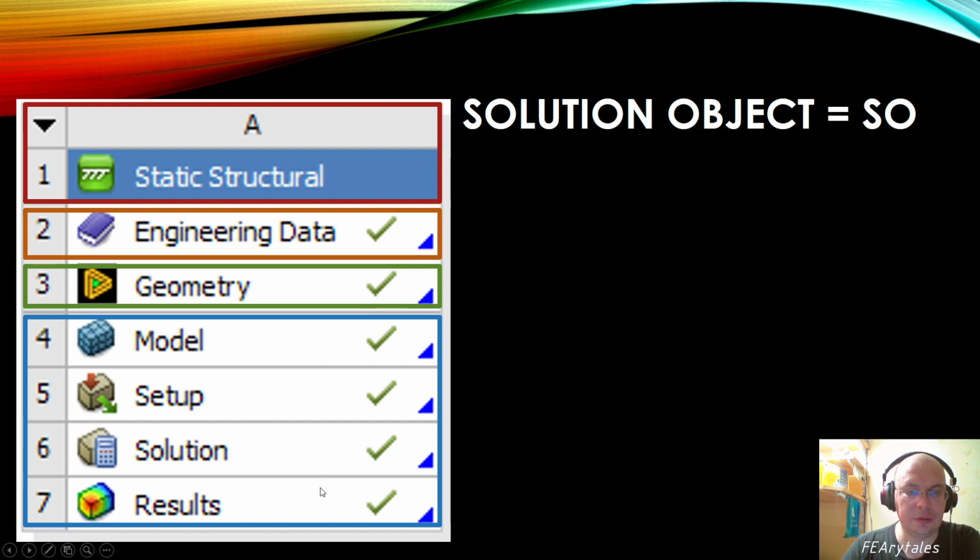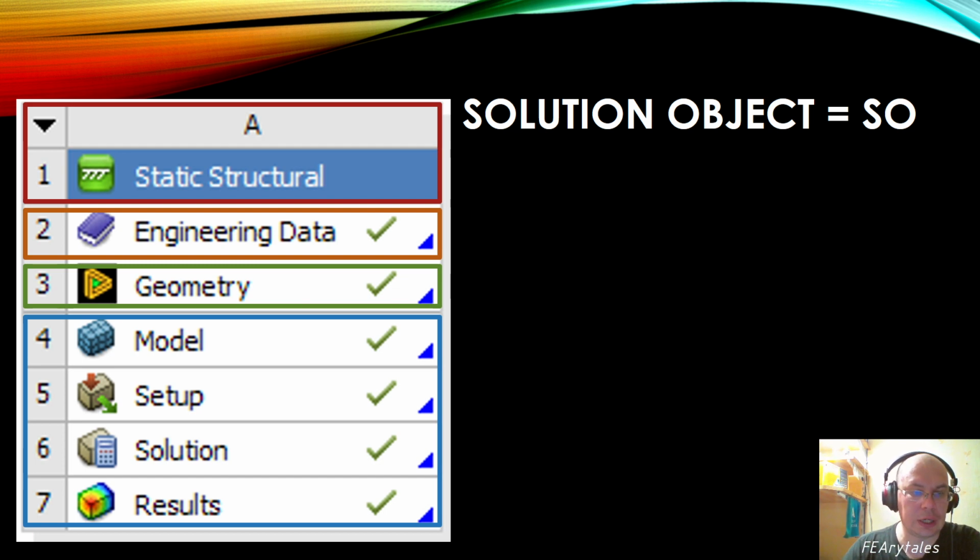The next one is a different stage, and for example for static structural we have engineering data, it opens another window, as we see. Geometry can open a different type of window, a different type of application.